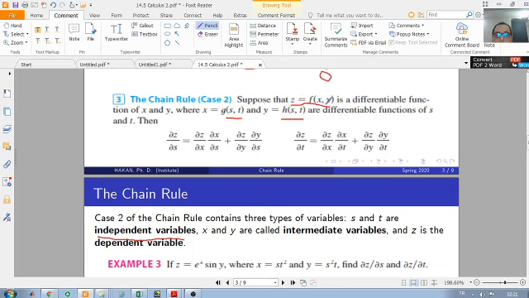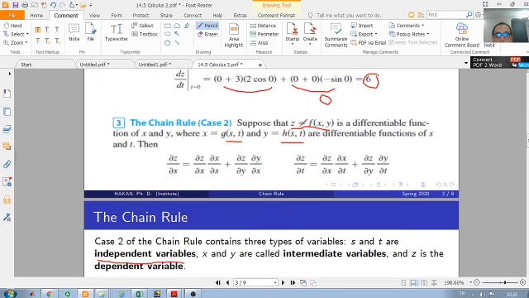So we find the partial derivatives of the dependent variable z with respect to s and with respect to t, because x and y are also functions of two variables.